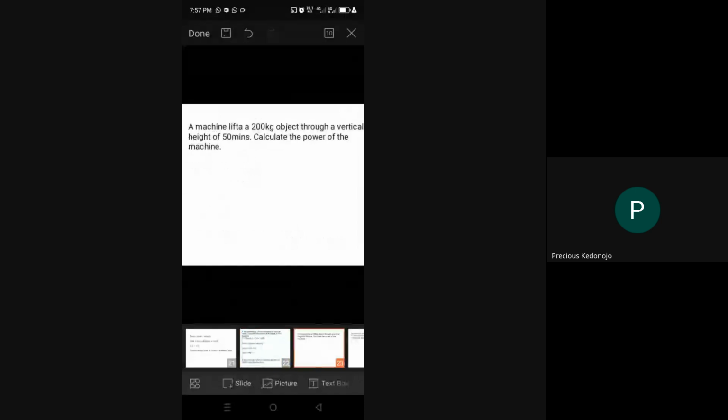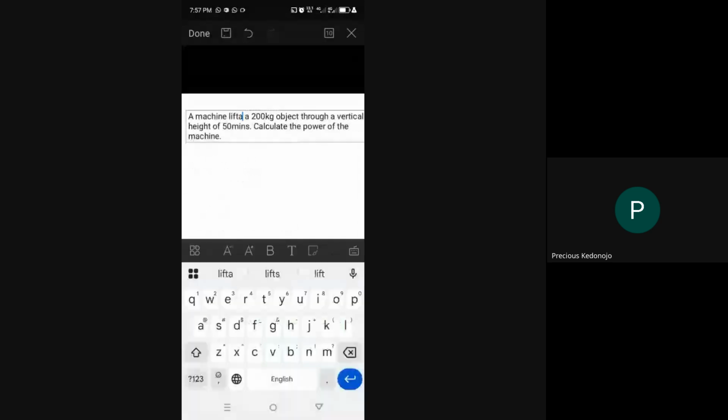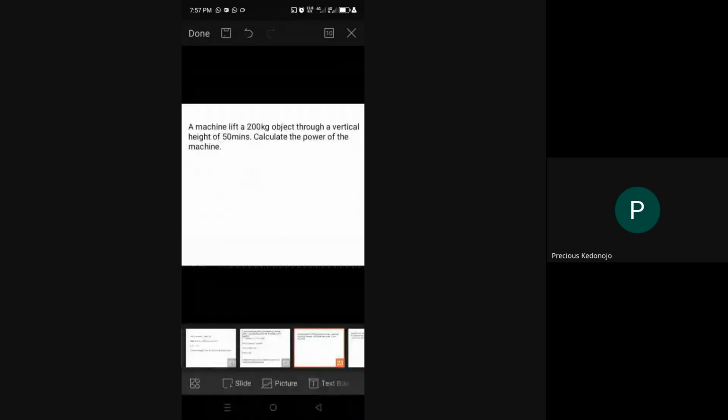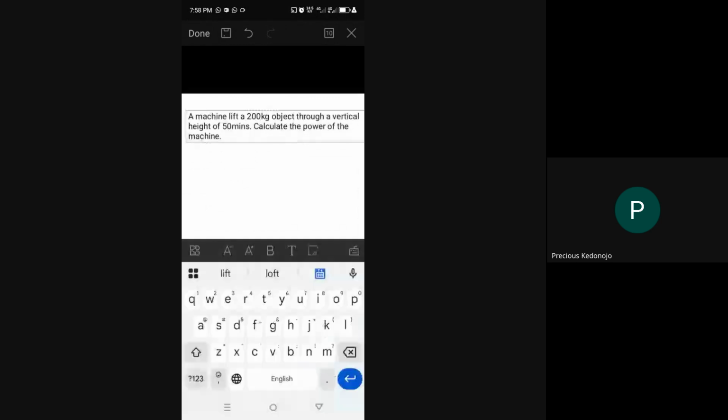Let's try another question. A machine lifts a 200 kilogram object through a vertical height of 50 meters. Calculate the power of the machine. So you look at the values. A machine lifts a 200 kg. The 200 kg tells you that you have mass. So I want to bring out my values now.